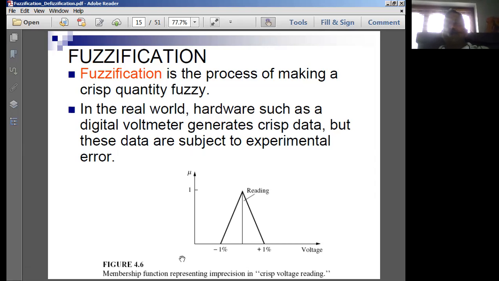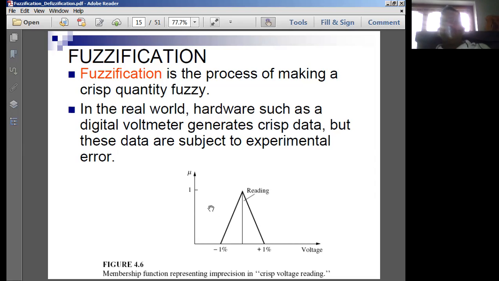Let's say, for example, the membership function is like a triangular function. That means the tolerance of the values is going to vary between -1% to +1%. At 0, we are going to get the absolute or perfect value, which is equal to 1 for us. So the value given by the digital voltmeter is going to vary between -1% tolerance to +1% tolerance. Thereby, we have a process called crisp data representation.